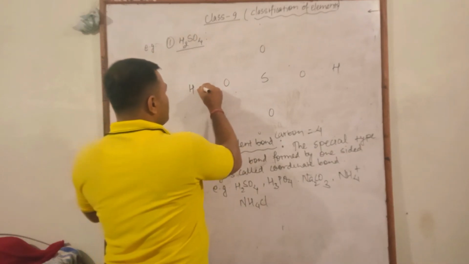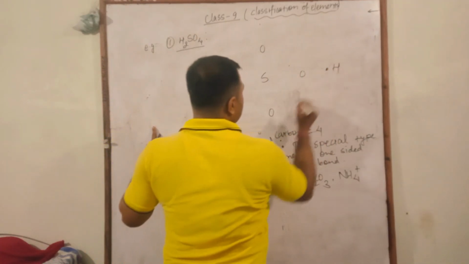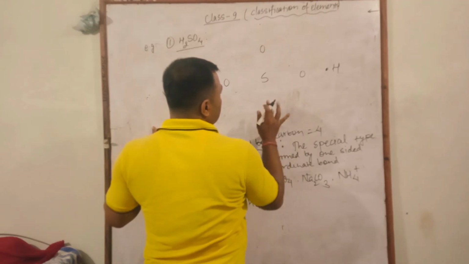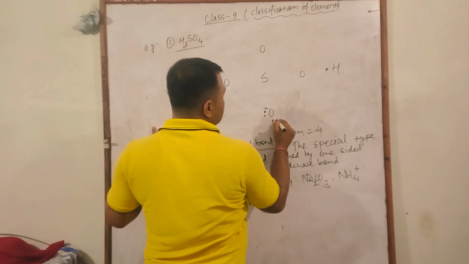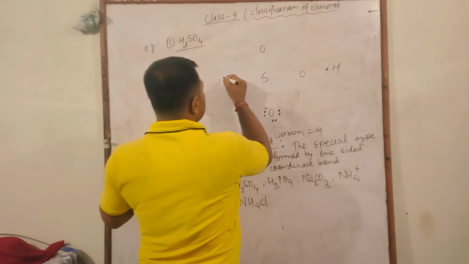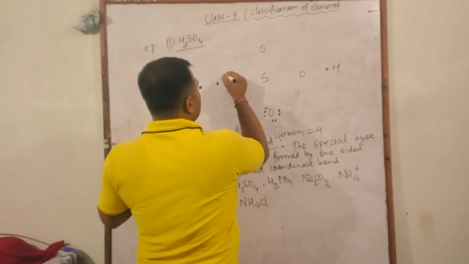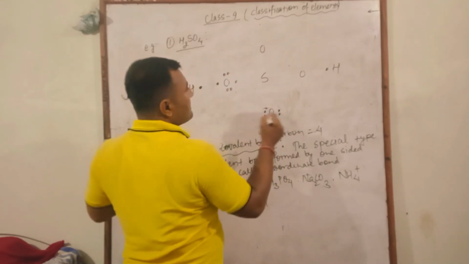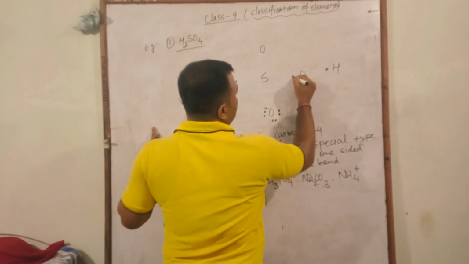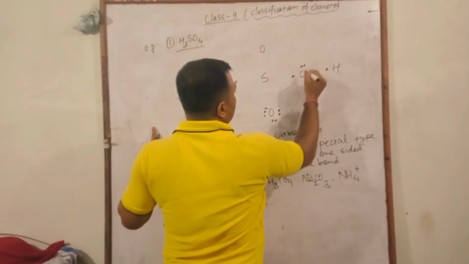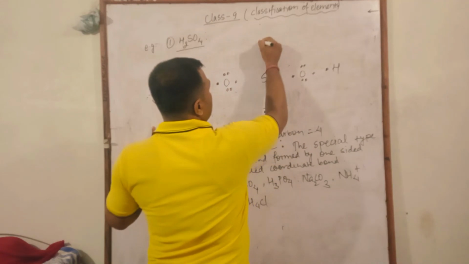The number of electrons in hydrogen is 1. The number of electrons in oxygen is 6. Valence electrons are 2, 4, 6 here, also 2, 4, 6, here also 2, 4, 6.